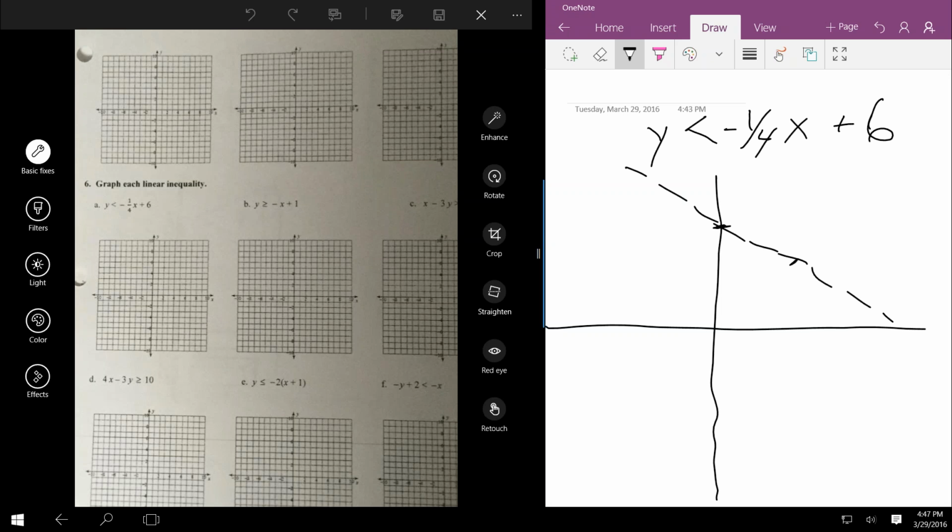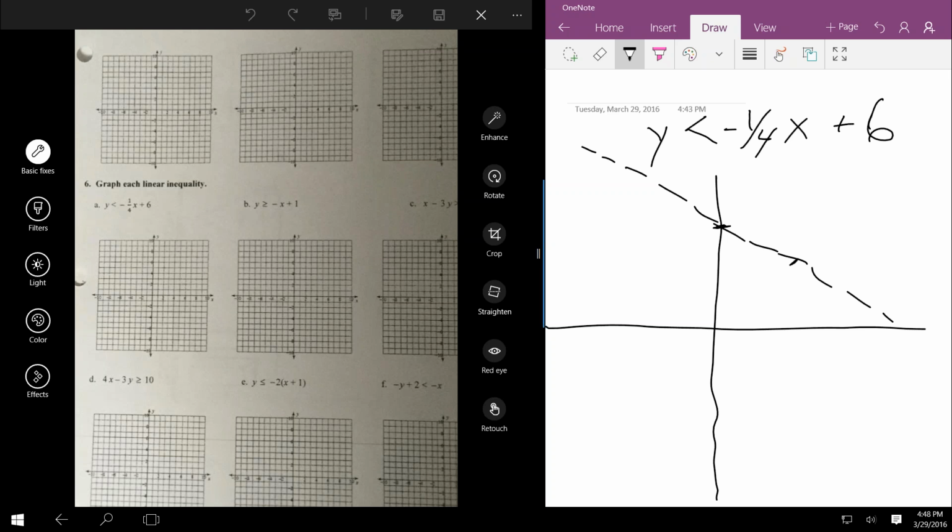If it was less than or equal like that, I'd make it a solid line. But it's less than. In other words, the next problem is y is greater than or equal. That's going to be a solid line. Okay? So, not done with this problem yet, because all I did was graph the boundary.